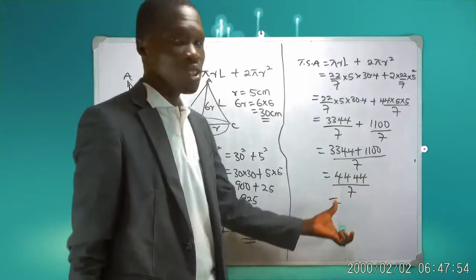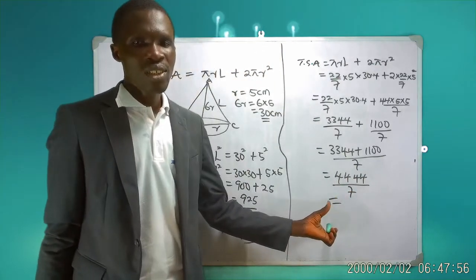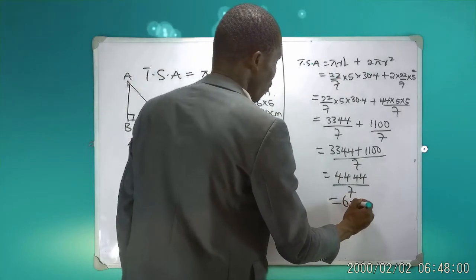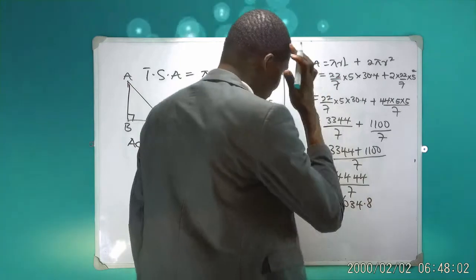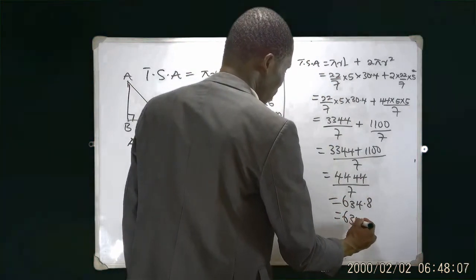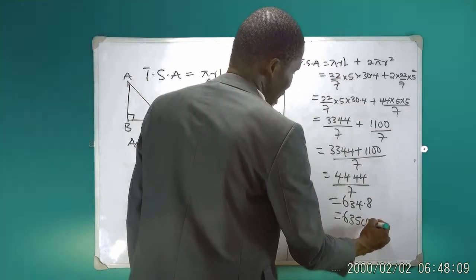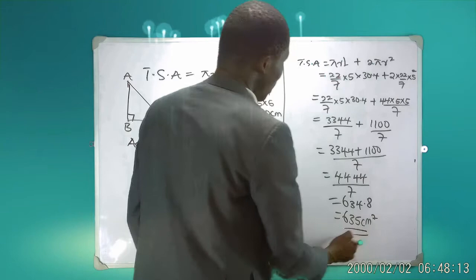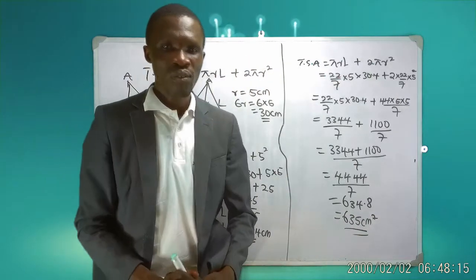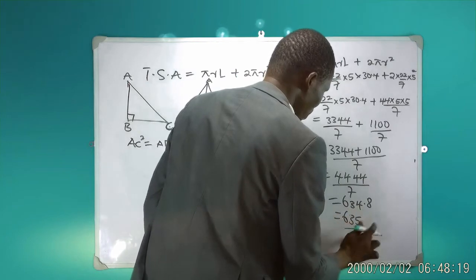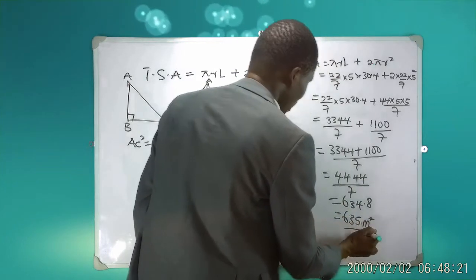Okay, if you use your calculator and divide this, you are going to have 634.8. Round it up to the nearest whole number, you are going to have 635 centimeter square. Since we are finding total surface area, oh sorry, it will be meter square. Pardon me for that. Meter square.